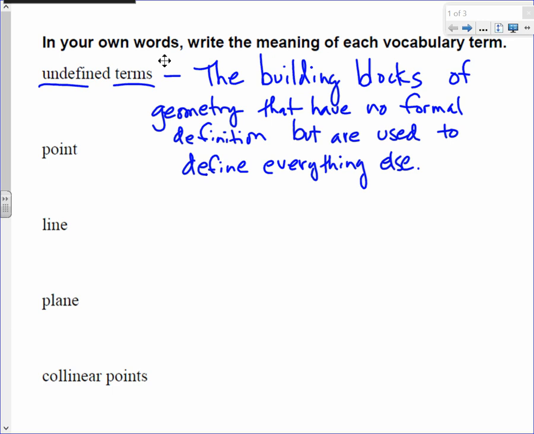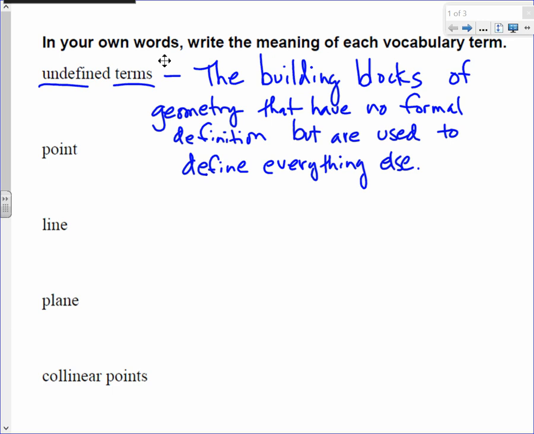It's like the starting point of our thinking in geometry. They're undefined.